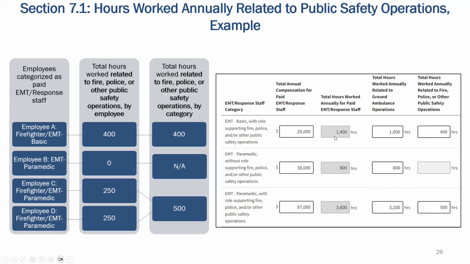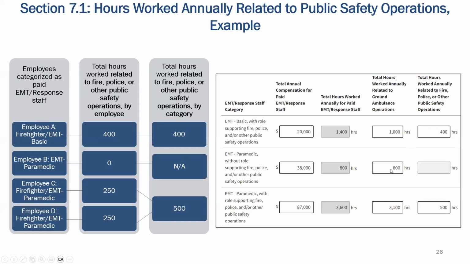So we have for this one employee A, firefighter EMT basic, 1,400 hours, 1,000 of which were related to ground ambulance services and 400 related to fire, police, or other public safety operations.